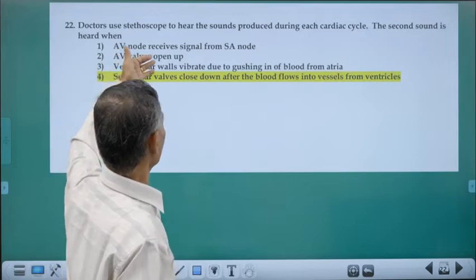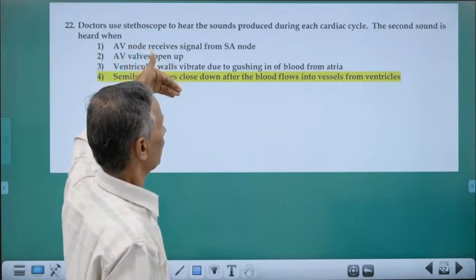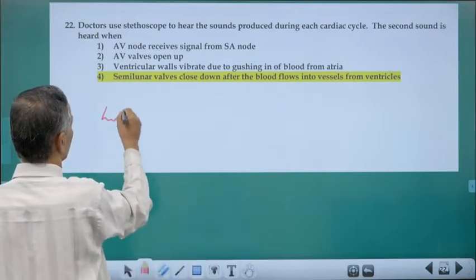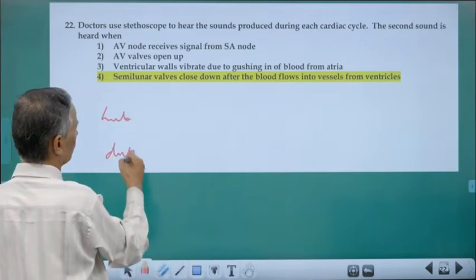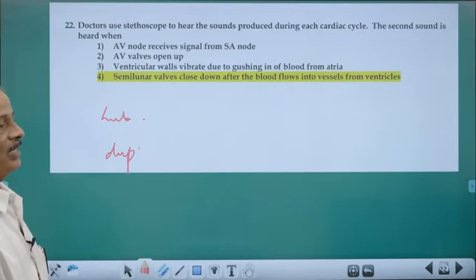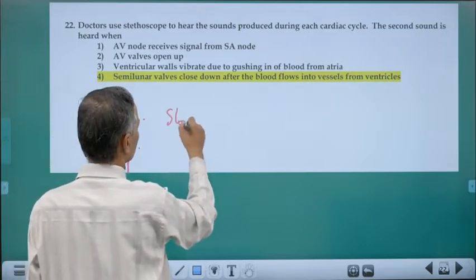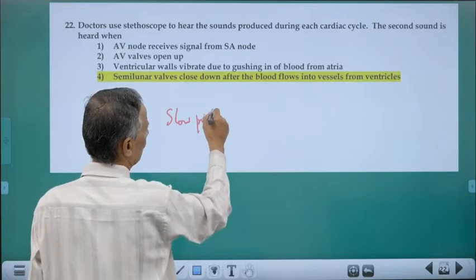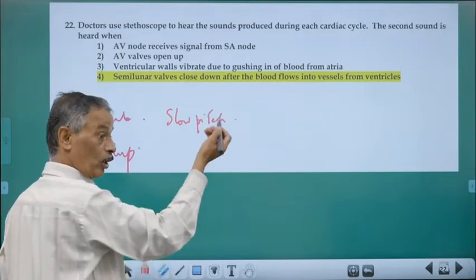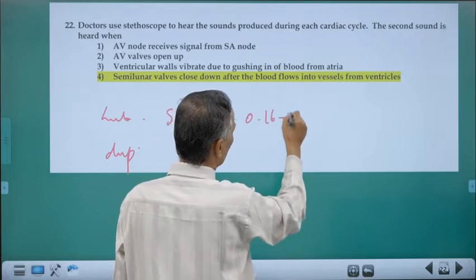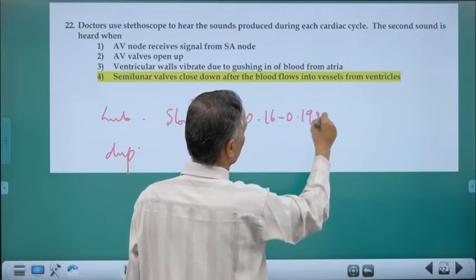Doctors use the stethoscope to hear the sound produced during each cardiac cycle. They are the lub sound and the dub sound. The first sound is the lub. It is low pitch. Longer sound, lasts for 0.16 to 0.19 seconds.